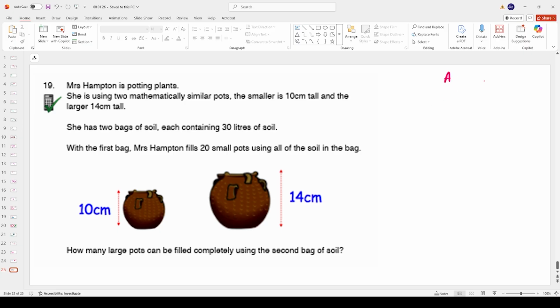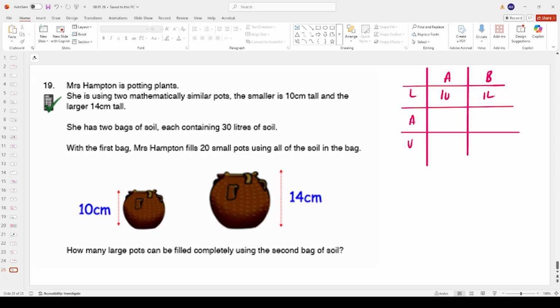So we've got shape A, we've got shape B, and then L, A, V. Okay, they're giving us some lengths, 10 and 14.